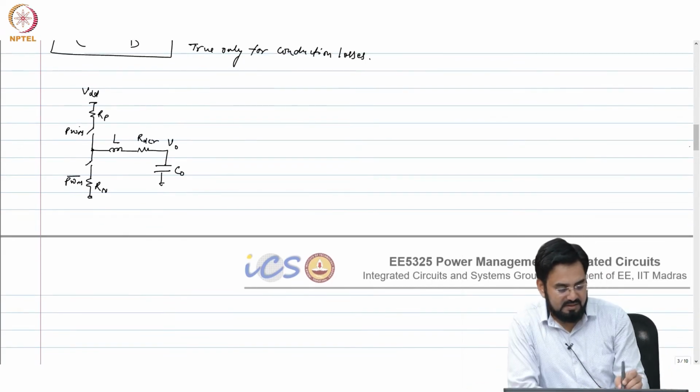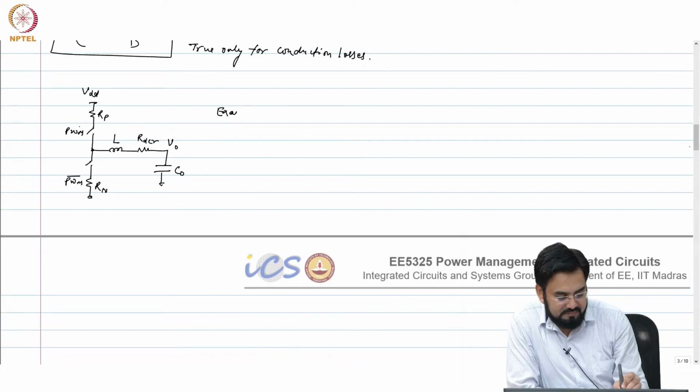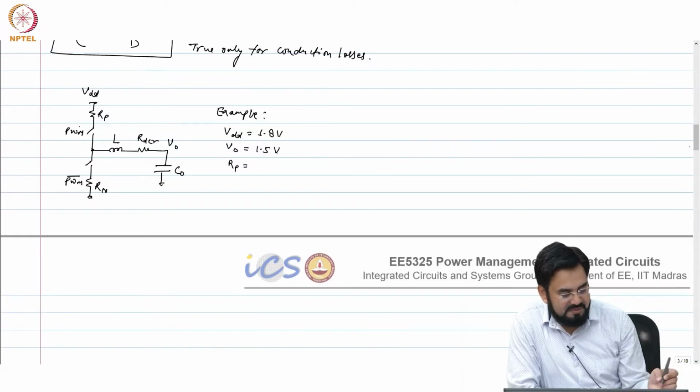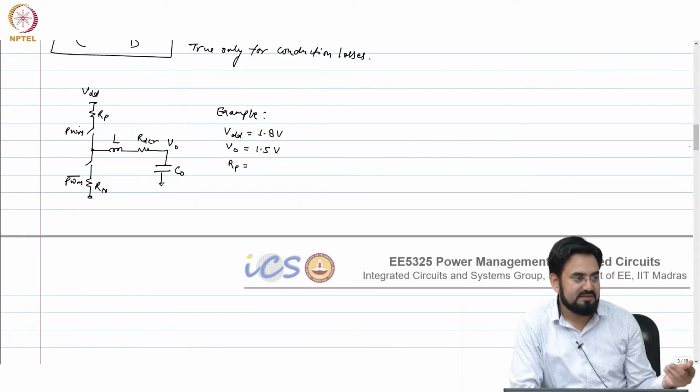Let us take an example where VDD is 1.8 volt, V out is 1.5 volt, and RP is, for simplicity, equal to RN.